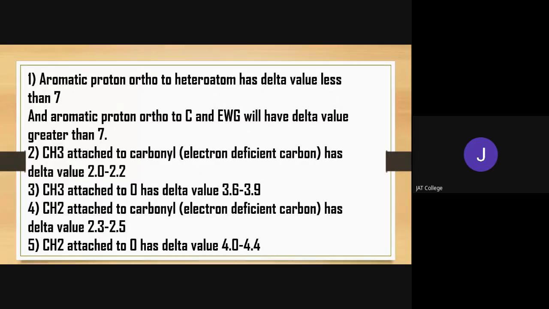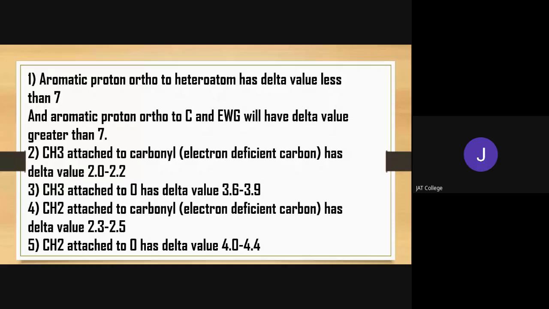Now, what is the first point? An aromatic proton ortho to a heteroatom has a delta value less than 7. An aromatic proton ortho to carbon and an electron withdrawing group will have a delta value greater than 7. Then second point. CH3 attached to carbonyl or electron deficient carbon has the delta value 2.0 to 2.2.